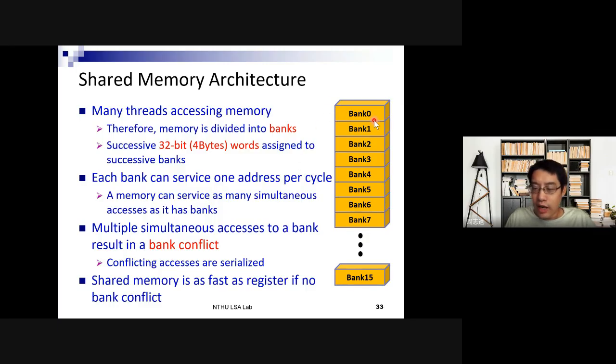The second element of the array will be stored on bank 1, and so on and so forth. And after you reach bank 15, then the 16th element will be stored on bank 0 again. So it's stored on those banks in a round-robin fashion. So your data is striped across those banks.